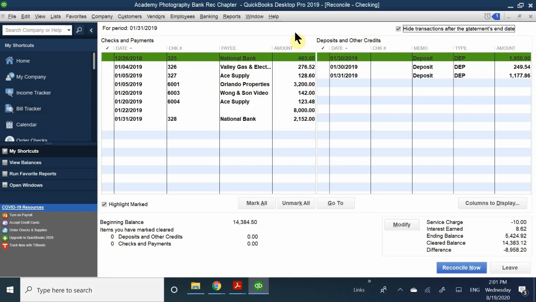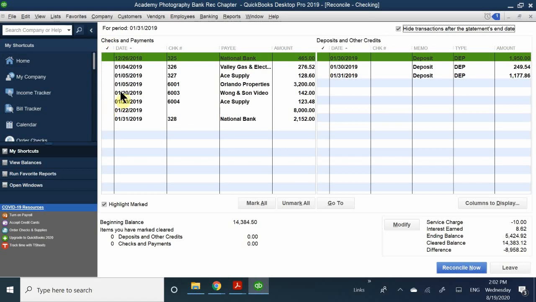So now we're going to be doing our checklist to verify what we see on our bank statement and what we recorded in QuickBooks. So let's go ahead and get started with our checks. Okay. All right. So tell me, which checks do you see appear on the bank statement?